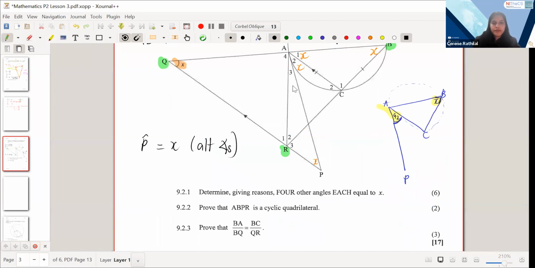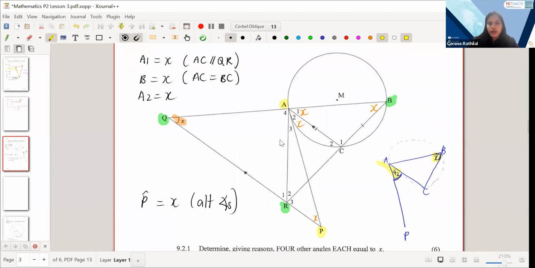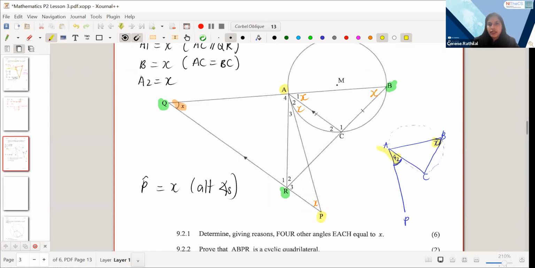So here is A. Okay, we need B, which is highlighted. We've got P and we've got R. Okay, so what does that look like? A, B.